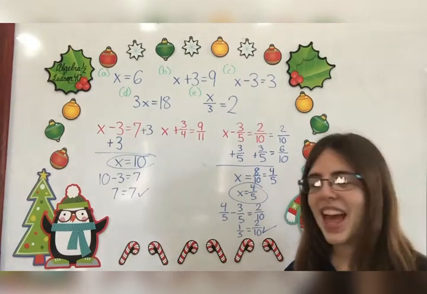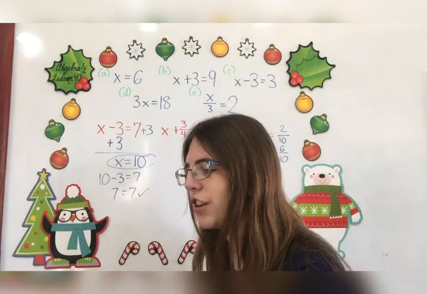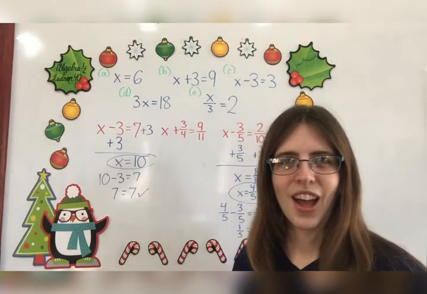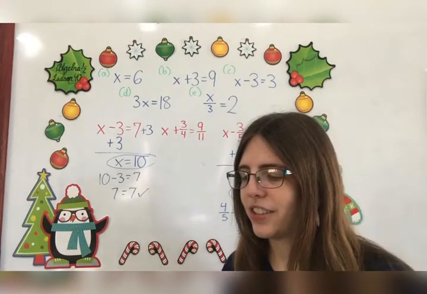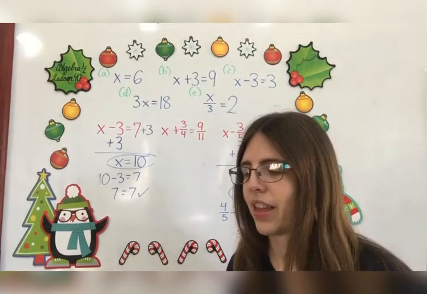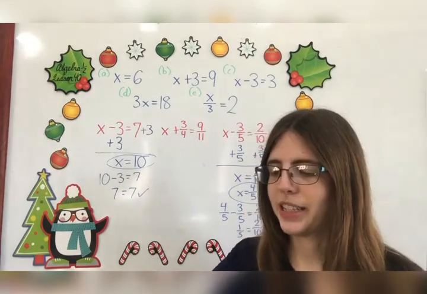All right? That's all you've got to do, so pause now and do your practice on page 114. Okay, you should be back now with your answers. Letter A equals 2. Letter B, x equals 6. That was a really easy one.